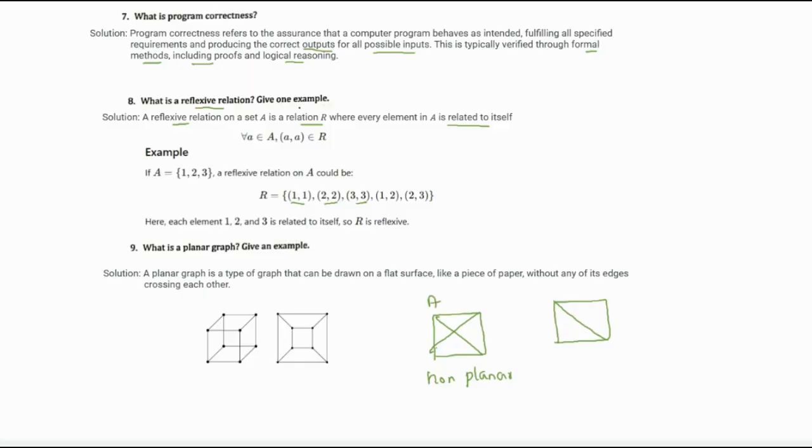If it is a b c d, we can remove the edge which is there from b to d, we can connect it from outside. So here it becomes a planar graph. A planar graph is a graph in which no two edges cross each other. So any non-planar graph can be converted into the form of planar.